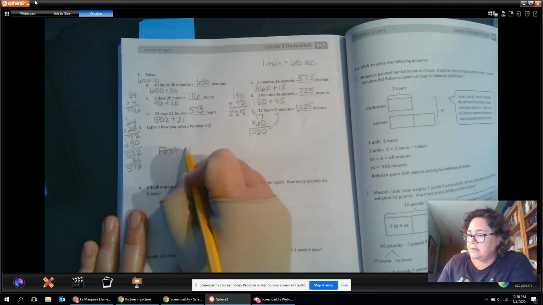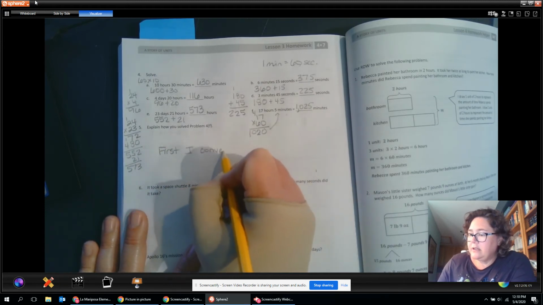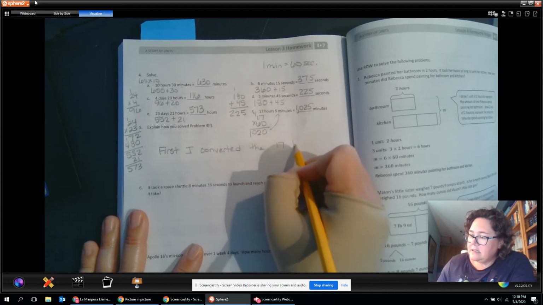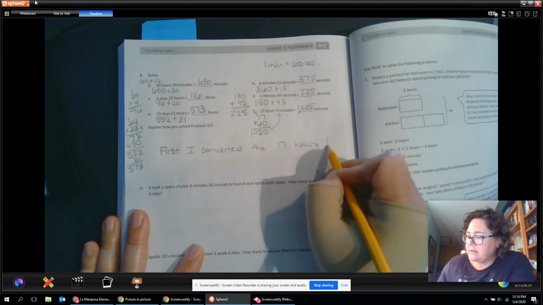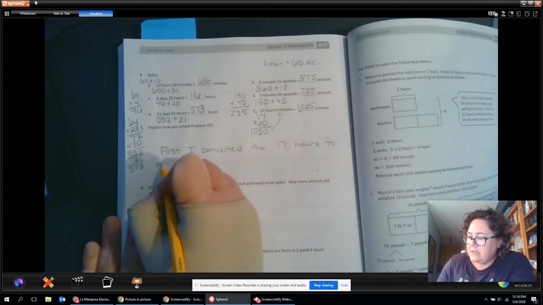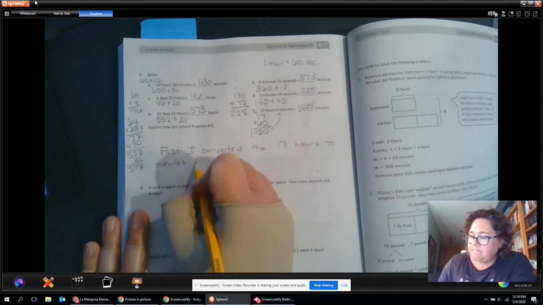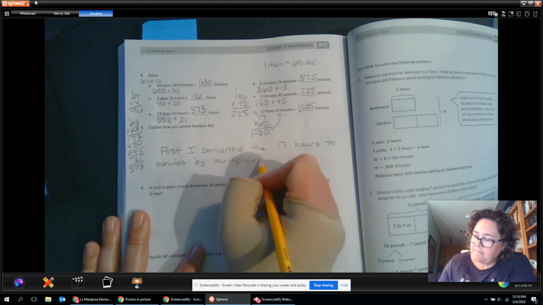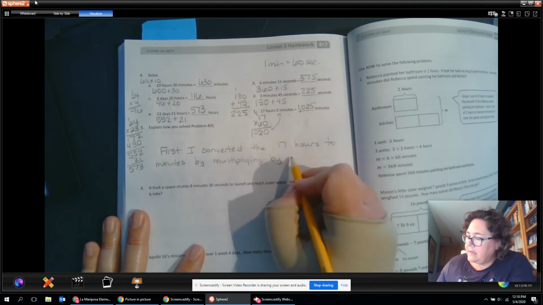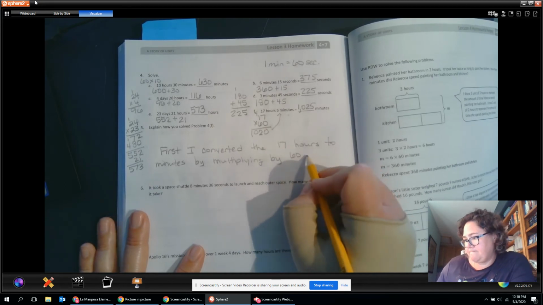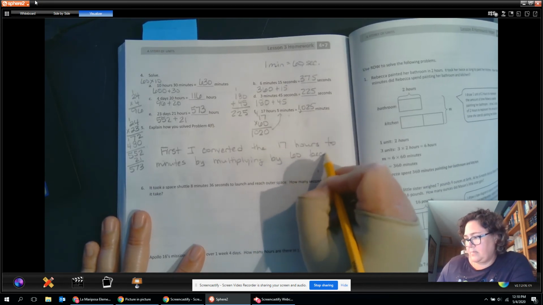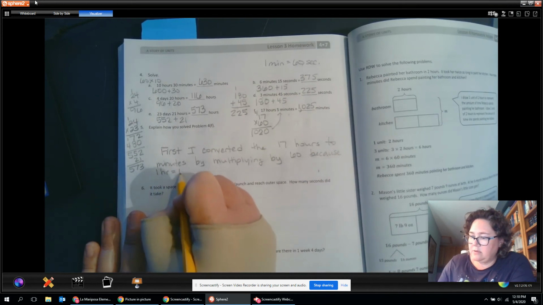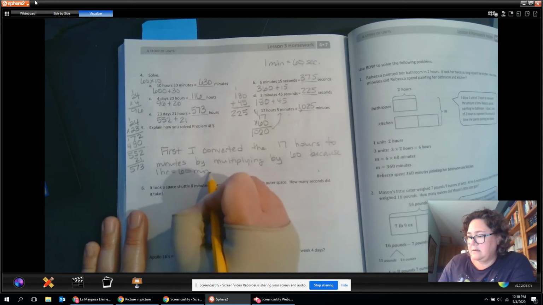First, I converted the 17 hours to minutes by multiplying by 60 because 1 hour equals 60 minutes.